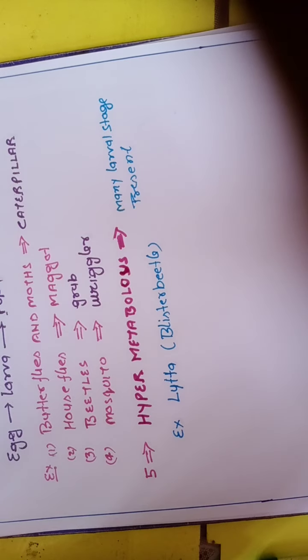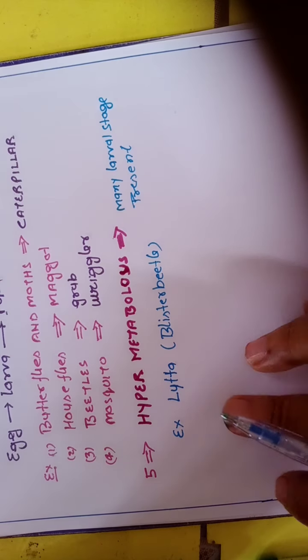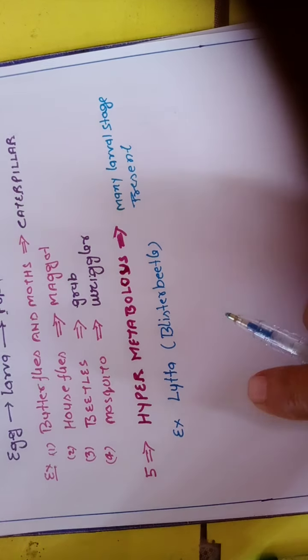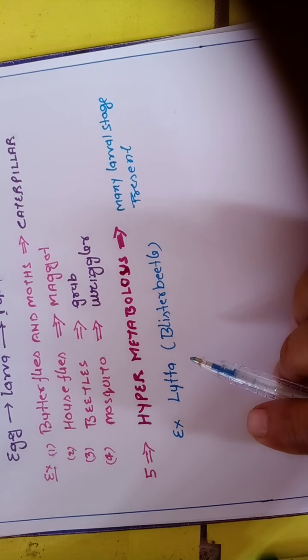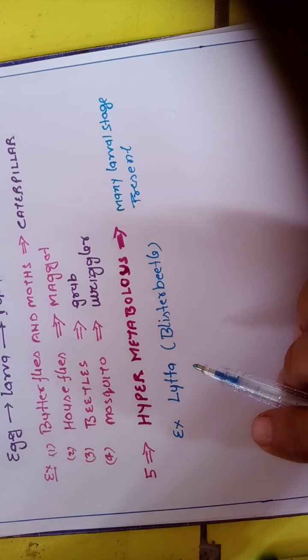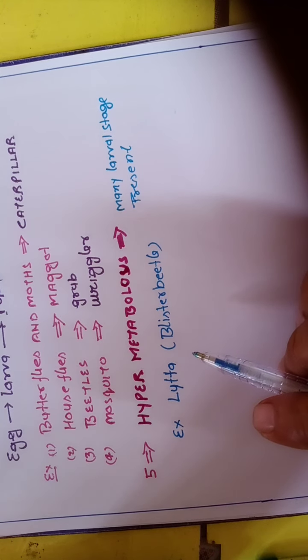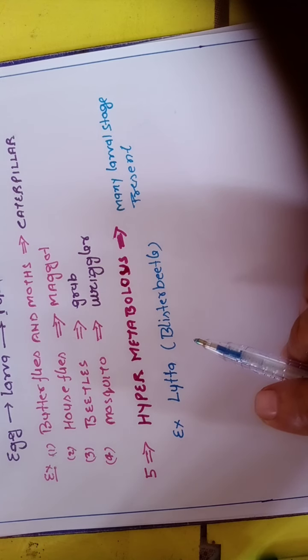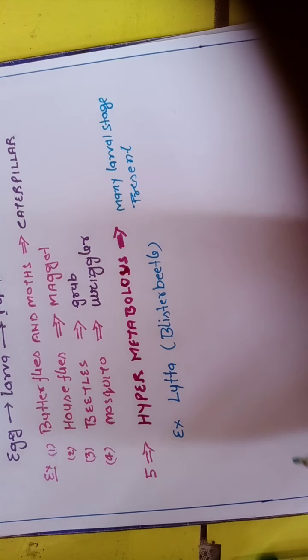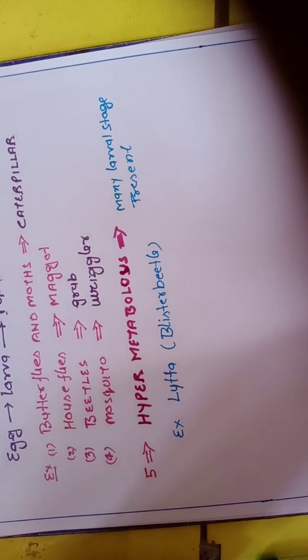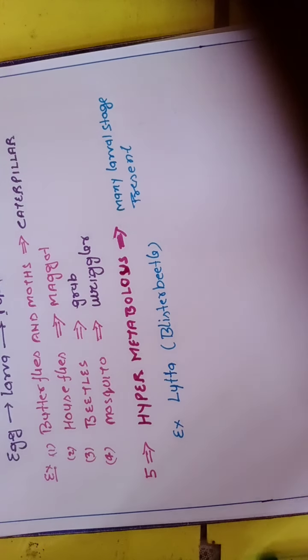If any person touches a blister beetle, blisters are found on his skin. That's why it is known as blister beetle. Okay, so in this way you can understand that different forms of larva are present. So in this way, how many types of metamorphosis? Now you can understand the types of metamorphosis.